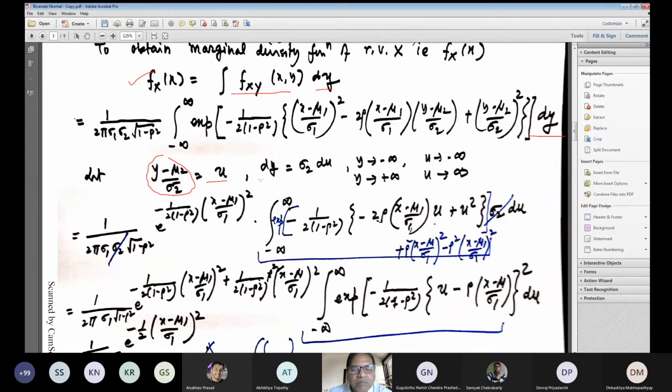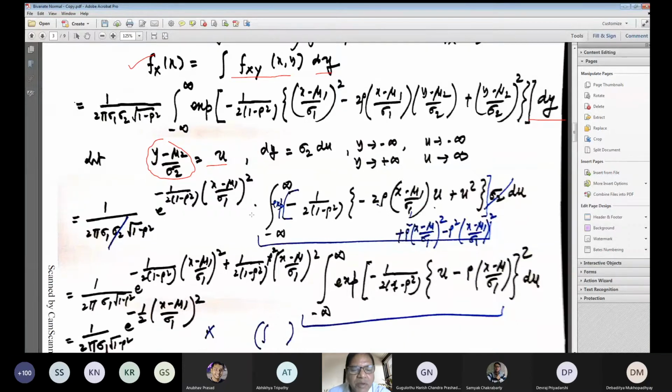So dy will become sigma 2 du, and as y varies from minus infinity to plus infinity, u will also vary from minus infinity to plus infinity. So the above integral reduces to this form. So 1 by 2 pi sigma 1 sigma 2 under root 1 minus rho square is already there. This quantity we have just borrowed here.